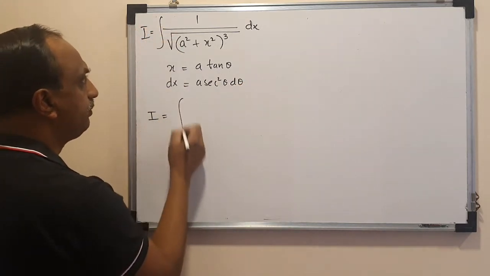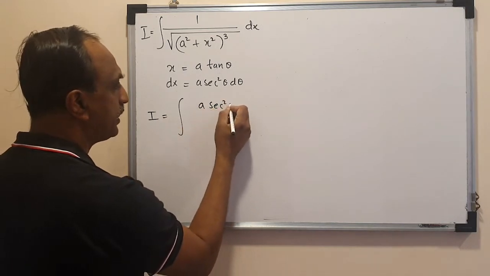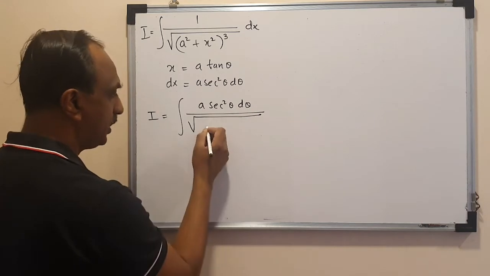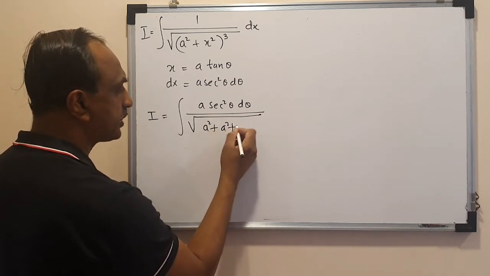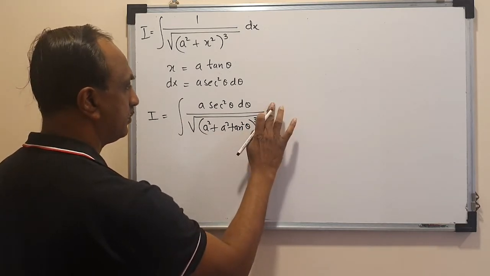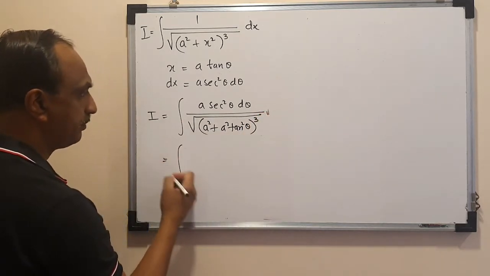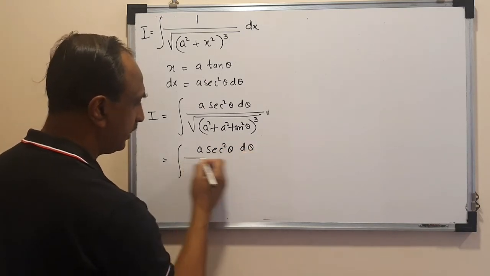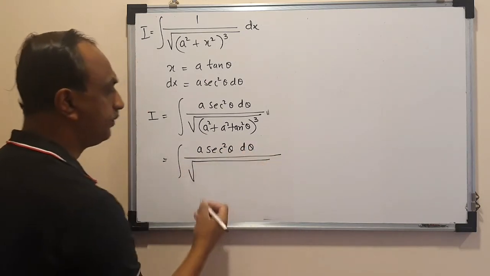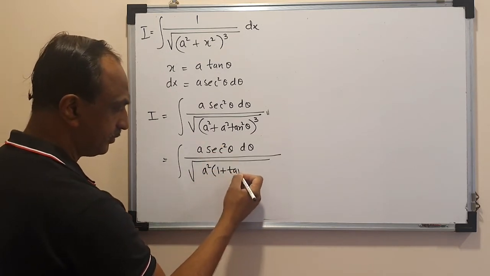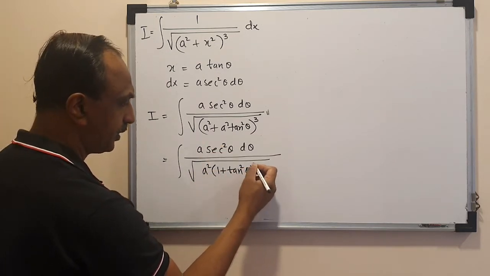So I will become a sec square theta d theta divided by root of a square plus a square tan square theta the whole cube. This became a sec square theta d theta divided by root of a square into 1 plus tan square theta the whole cube.